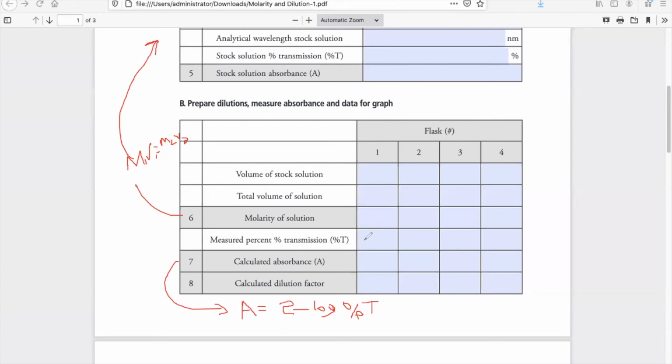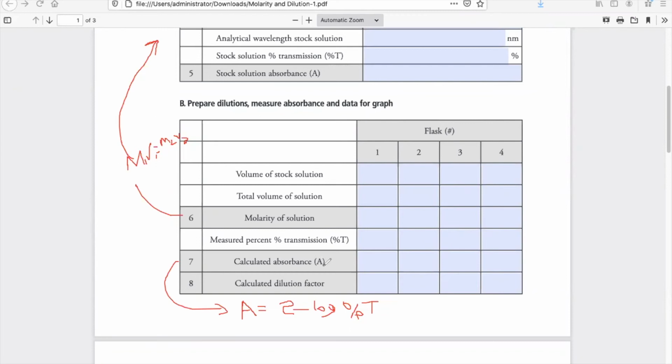So you should know the percent transmittance, you already have those values where? You already have those values in the PowerPoint slide. So it's gonna give you the calculated. Remember, this is calculated what?